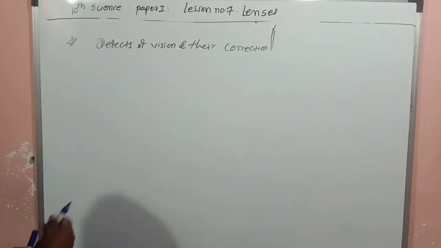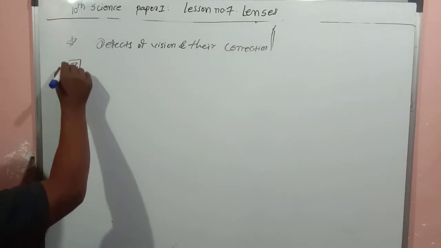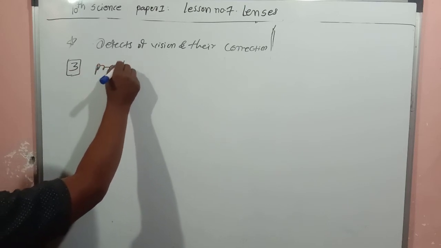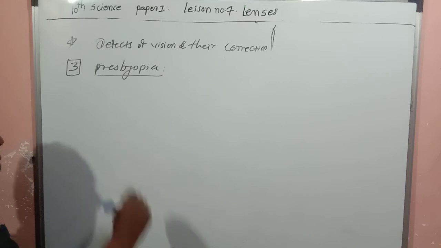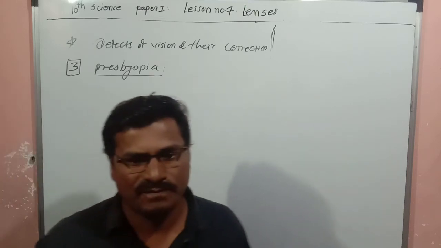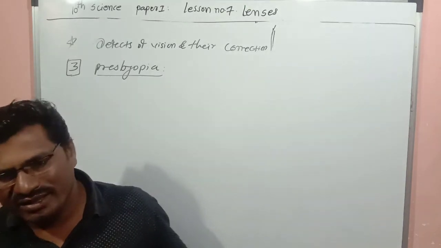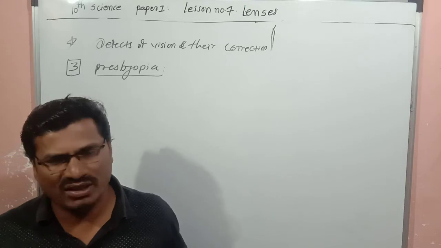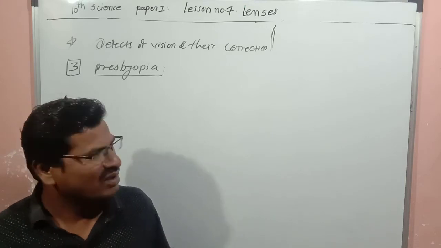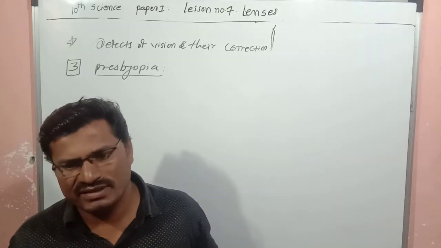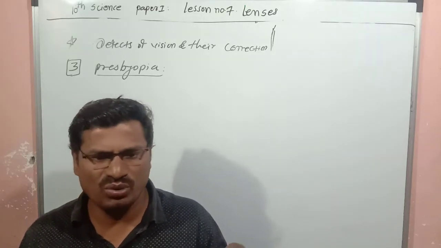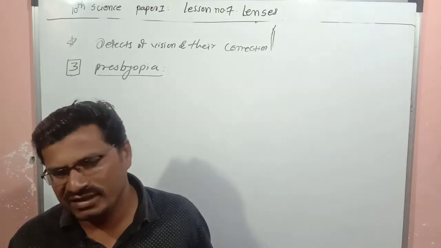In presbyopia, we'll see that due to old age, the focusing power of the lens decreases. Again, the eye muscles lose their ability to change the focal length.